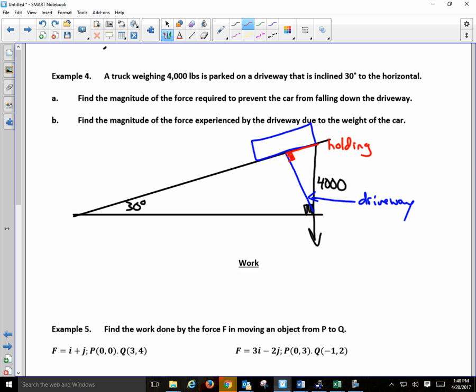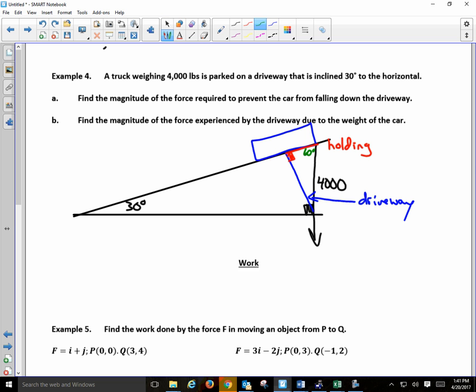So you can see that that 4,000 is a force, and it's being delivered at an angle, and there's a horizontal component and a vertical component to it. The horizontal component being in red, the vertical component being in blue. Can anybody tell me what this angle is right here? 60 degrees. So you have 30, 90, that would make that angle 60.